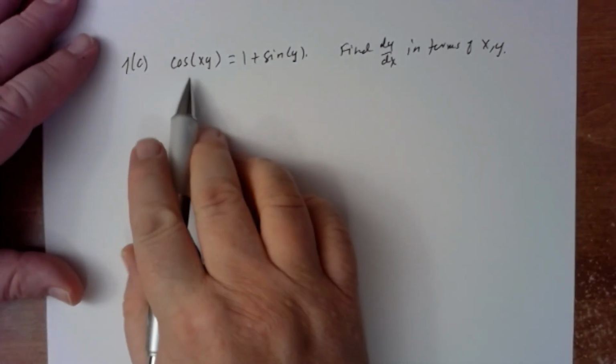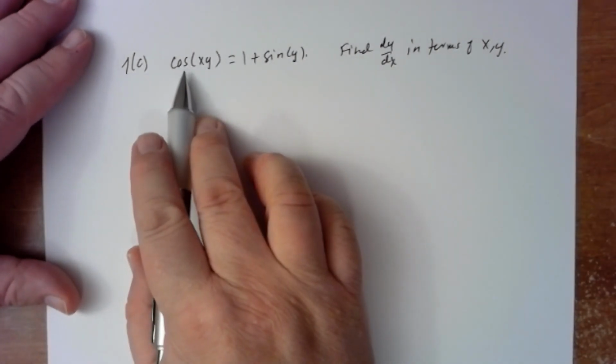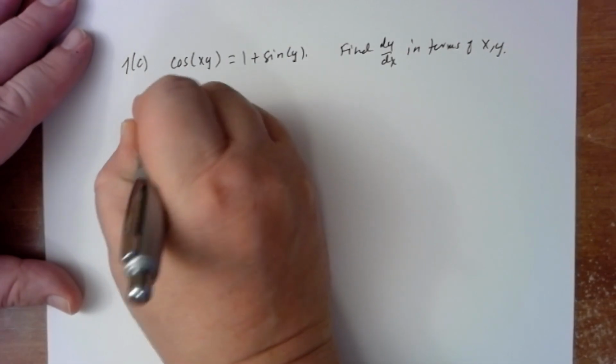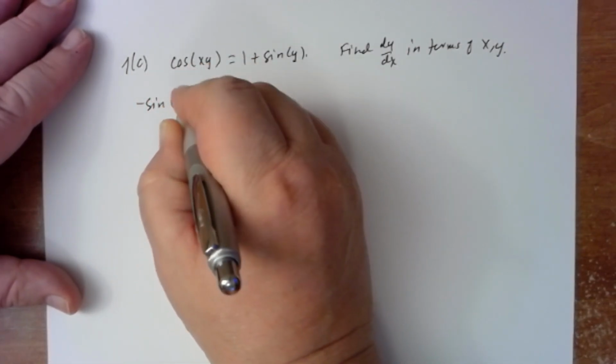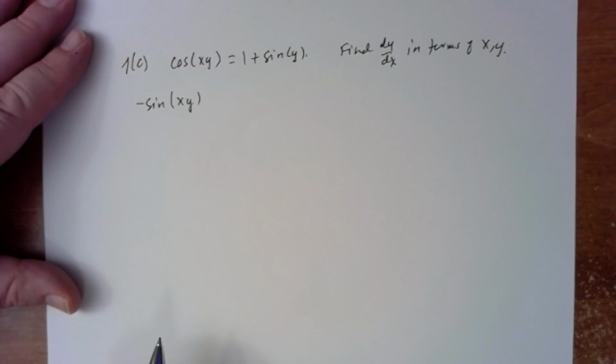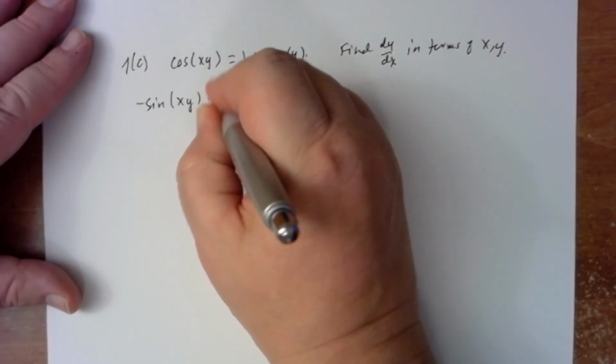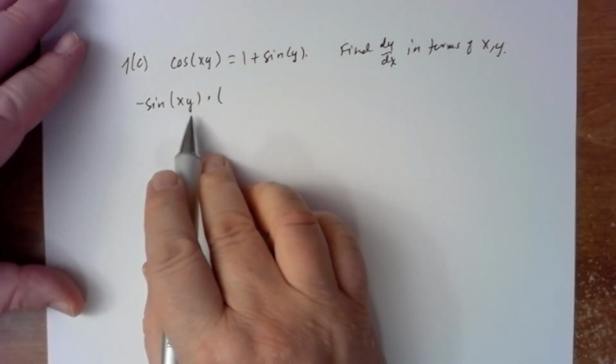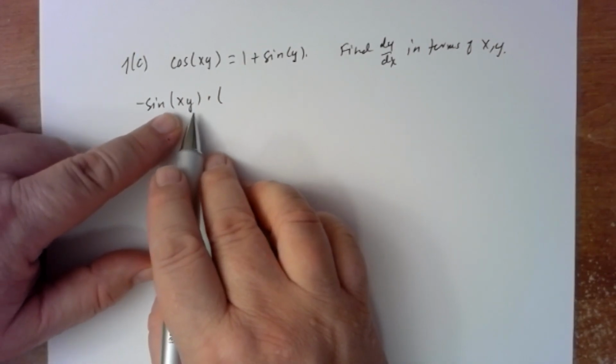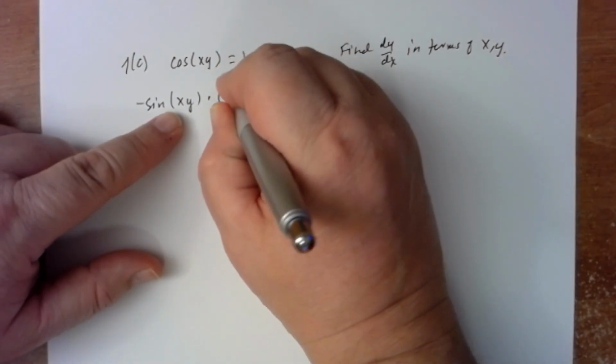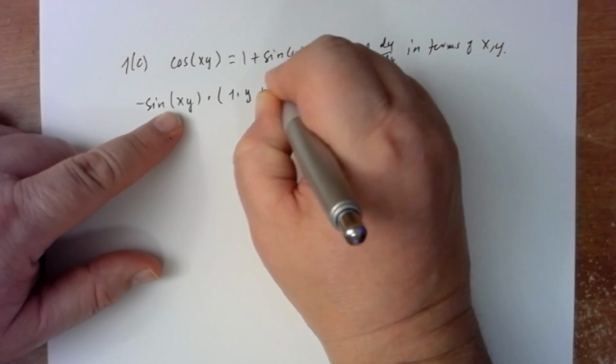Alright, so the derivative of the cosine is minus the sine, and then the inside function is x times y, right? And now we multiply the whole thing by the derivative of x times y, and so the derivative of x times y is going to be a product rule. So that's 1 times y plus x times y prime.